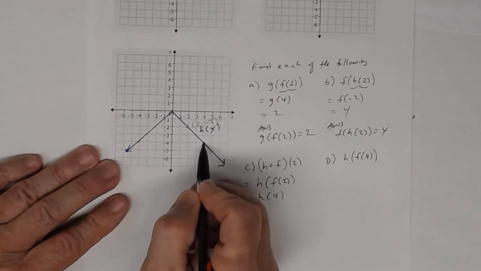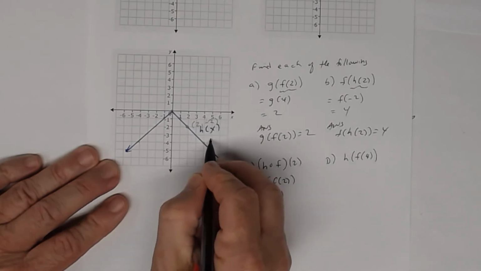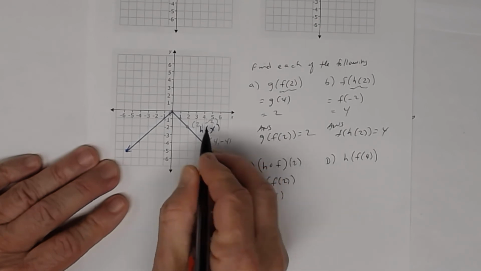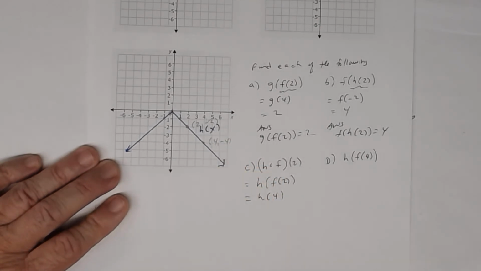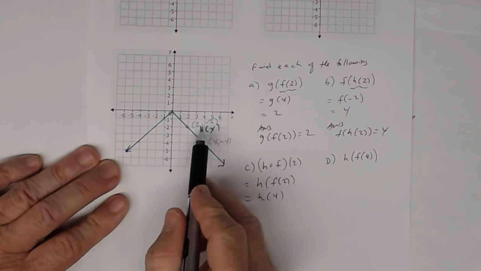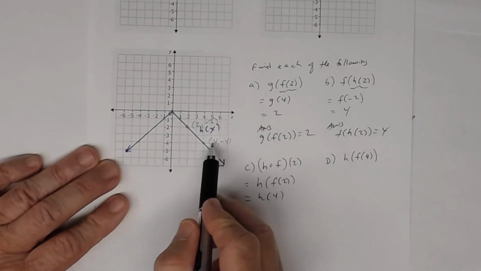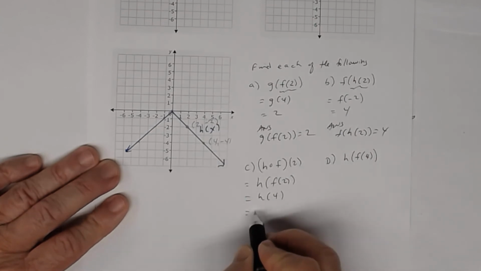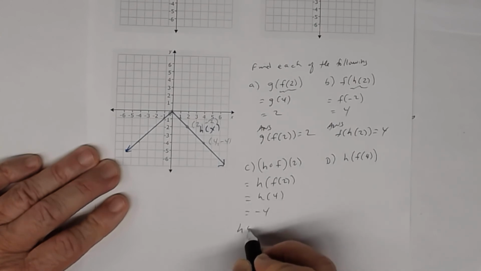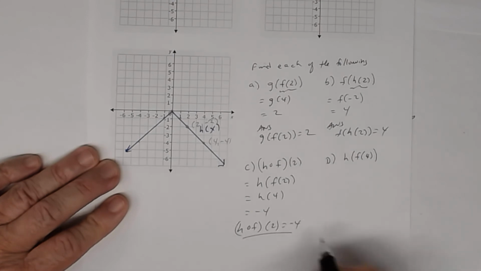Label that point. When x is 4, here's 4. You get 4, negative 4, right? So h of 4 means what's that y value when x is 4? Well, it's negative 4. And so therefore the answer, h composed with f at 2 equals negative 4.